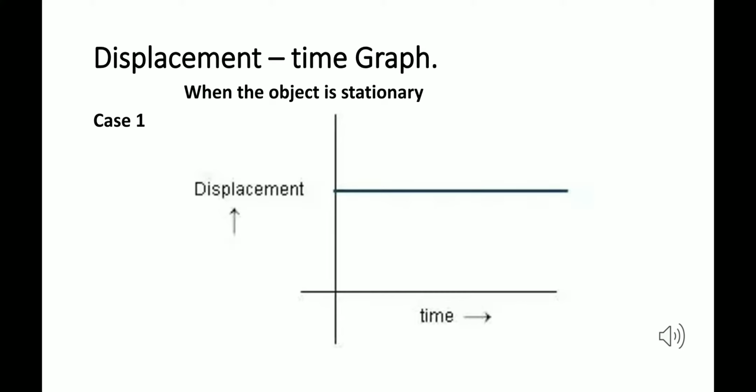We could also have thought of that if the body has not moved at all, then what will be the graph? The graph will be a straight line showing the x-axis itself, because the displacement of the body is 0 and the time is moving forward.